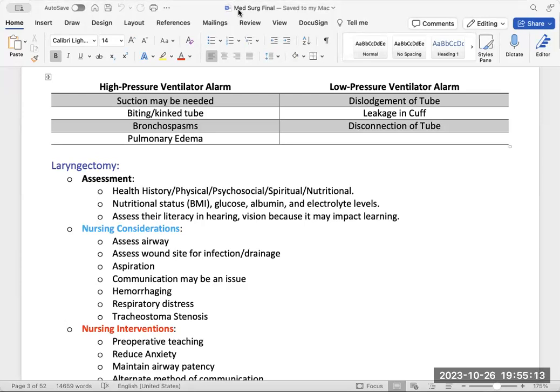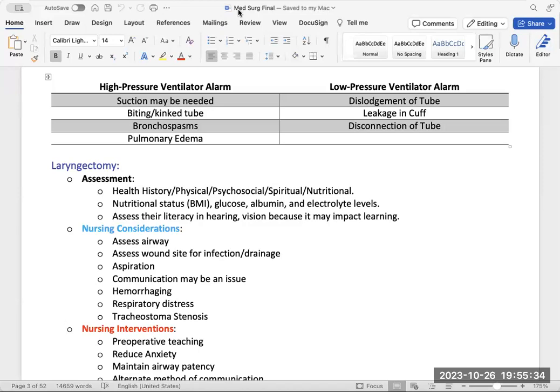Okay. So high pressure, as I said, that means the patient. So they might need to be suctioned. They might have so many secretions that pressure can't get in, so it's building up and causing the high pressure, or they might bite it or kink the tube or bend it, now that I know what that means, causing that high pressure buildup.